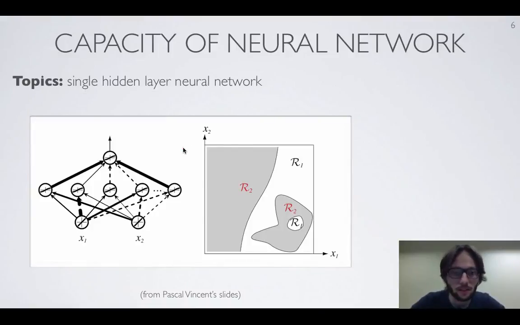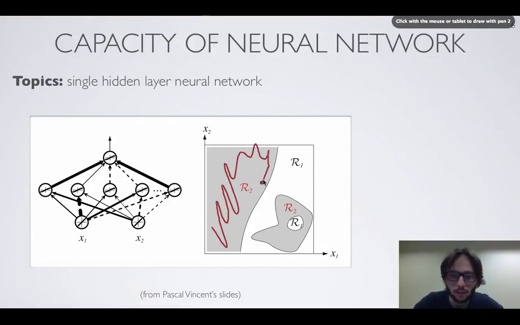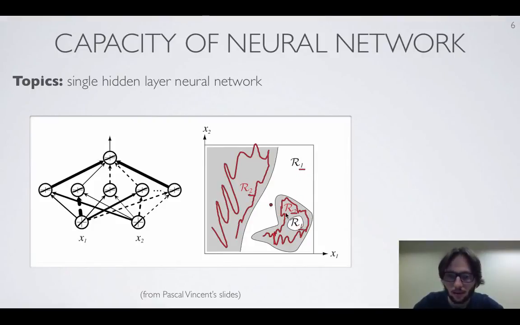So if we go in the setting of classification, this means that we could have chunks of regions that are actually separated, but that correspond to the same class. So say that R2 corresponds to class 1 and R1 class 0.